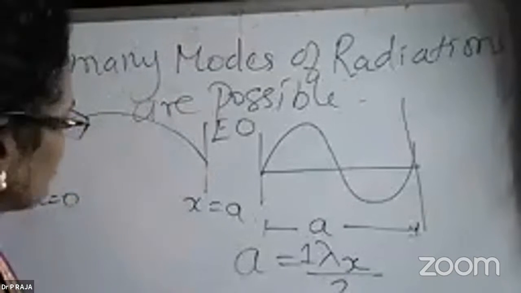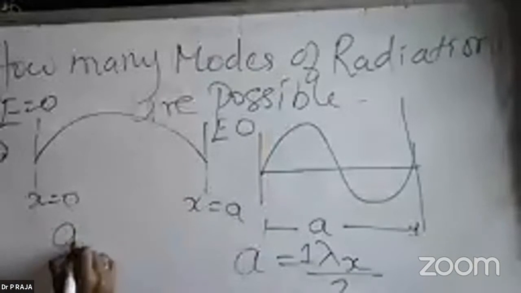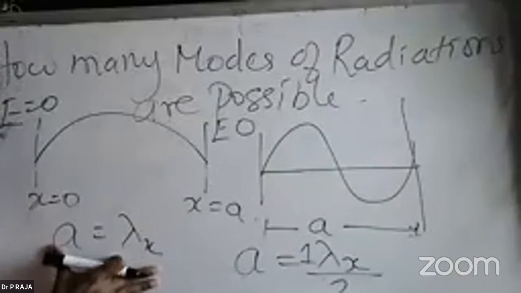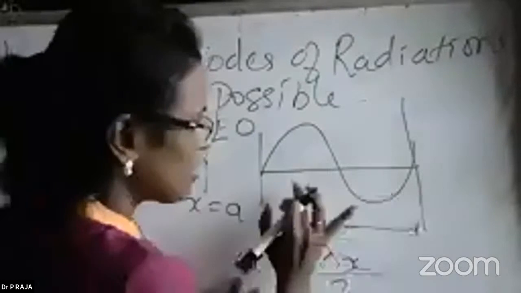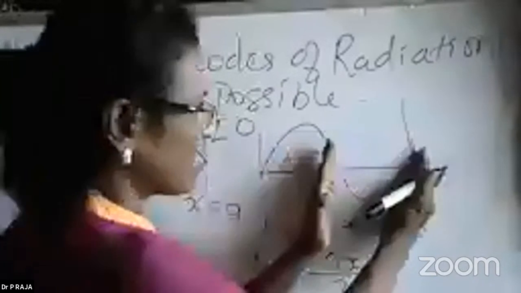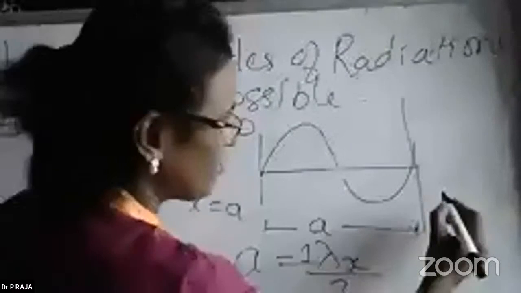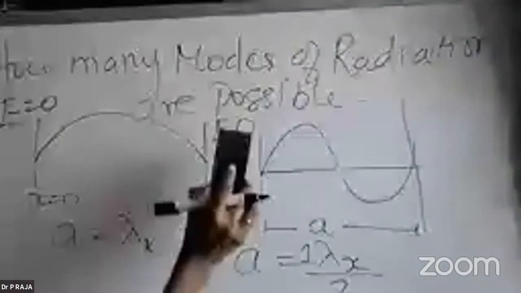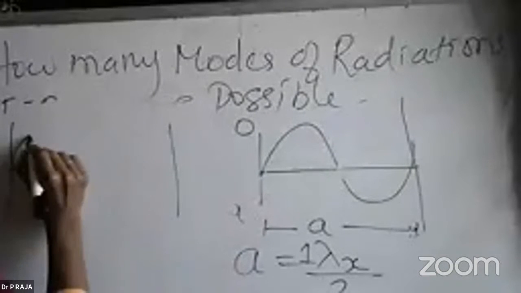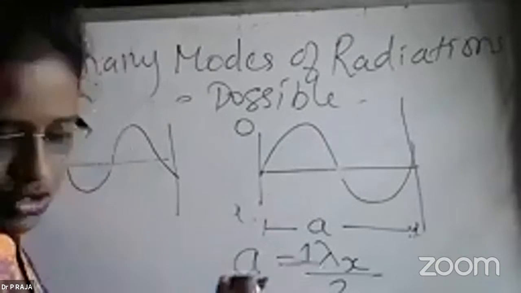for the second wave you can take it as a equal to lambda x. This will have lambda x by 2, because it is just forming one pattern within this distance of half and another one, so the total will be divided by 2. Suppose you have two waves like this, this will become 2 into lambda x by 2.